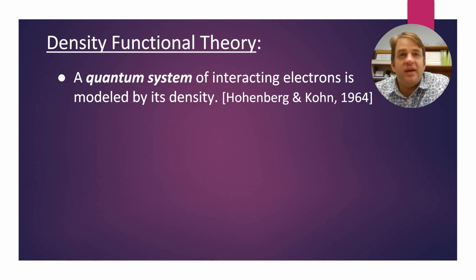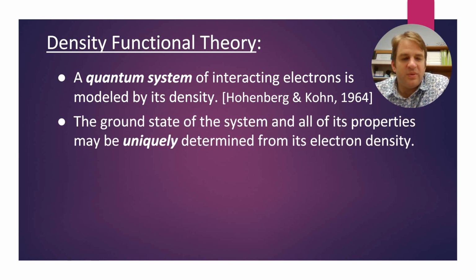But if we imagine we can ignore the interactions or even the individual electrons, we can just consider them as a cloud, where the density means the same thing as the usual sense when we consider, say, the density of a patch of fog. Now, what's interesting here is that the ground state, the lowest energy state of the electronic system, and all of its properties may be uniquely determined by the density of the electrons alone.